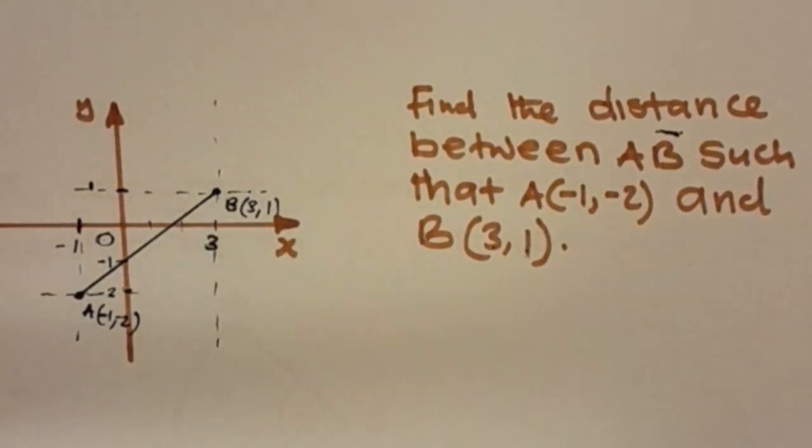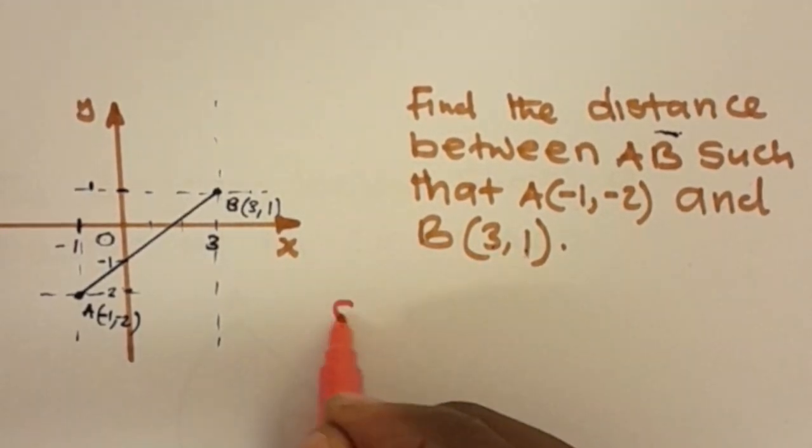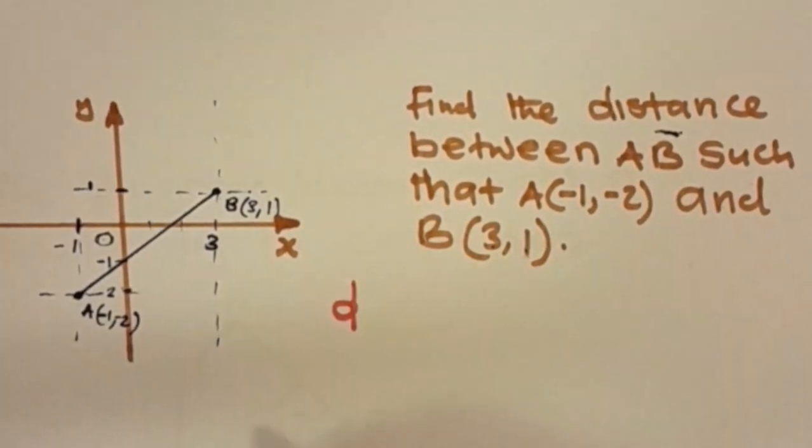Now, for us to find the distance, we need to use a formula. There is a special formula that we use when finding the distance. So we're going to say D, standing for distance.